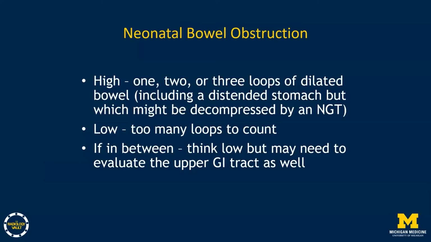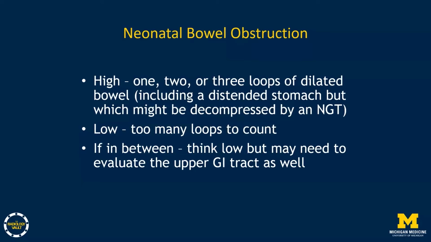In neonatal bowel obstruction, one easy way to try and sort out your diagnosis and how you're going to approach the patient is by thinking about the obstruction as either a high bowel obstruction or low bowel obstruction. Now, what do I mean by that?